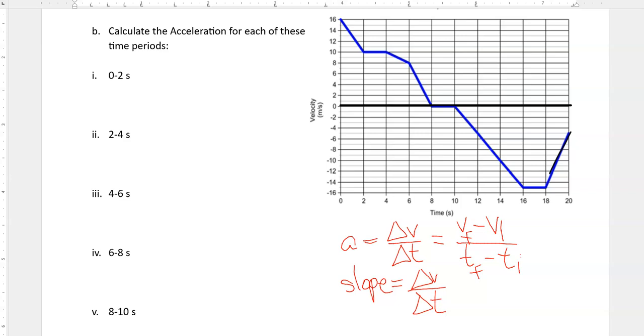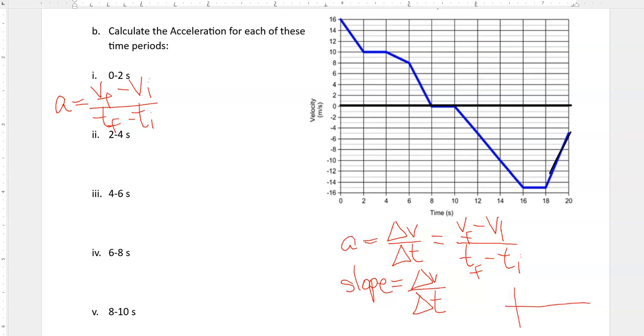So let's do one of these calculations. For 0 to 2 seconds, we know the acceleration, as always, is the final velocity minus the initial velocity over the final time minus the initial time. And if you have a hard time working out which is which, make yourself a little table. I'll show you an example of a table.